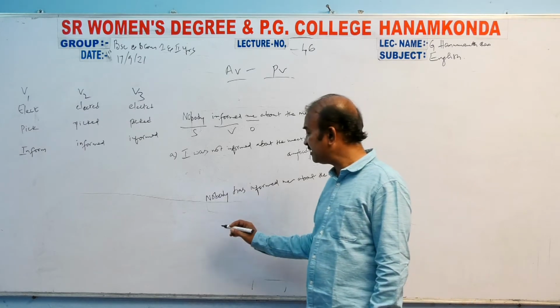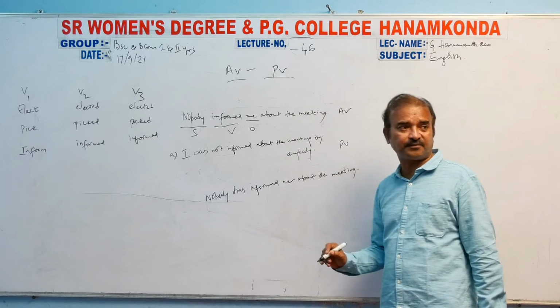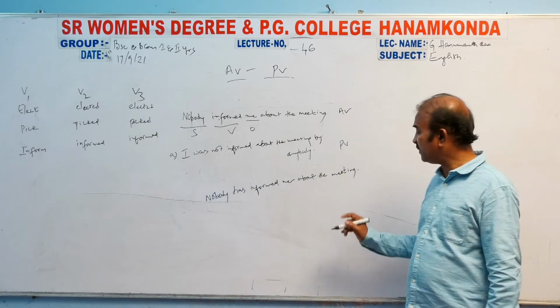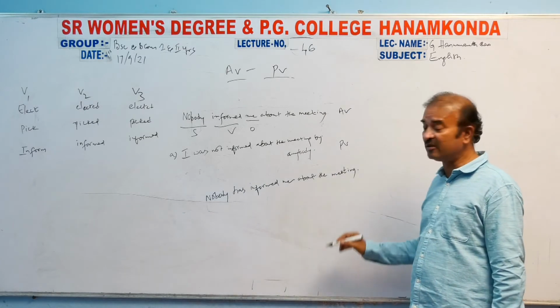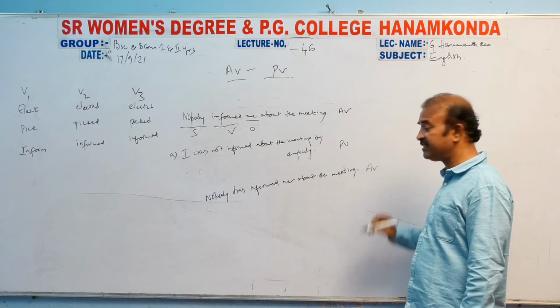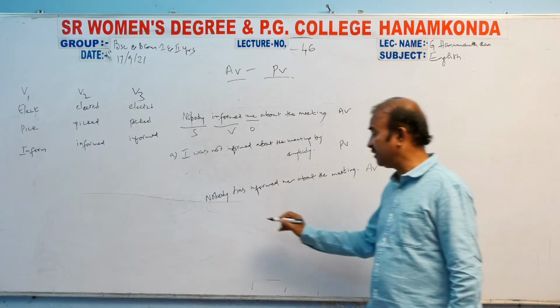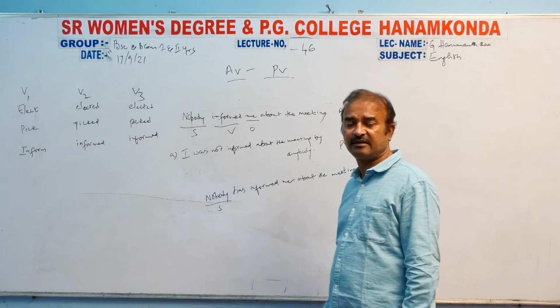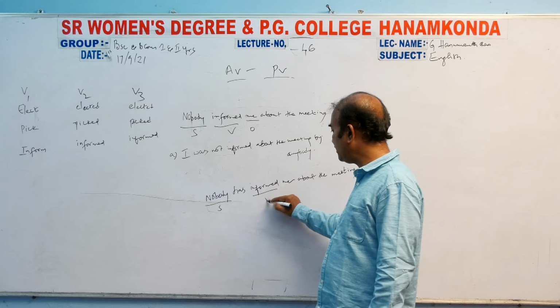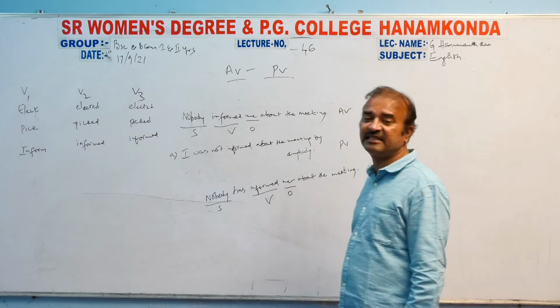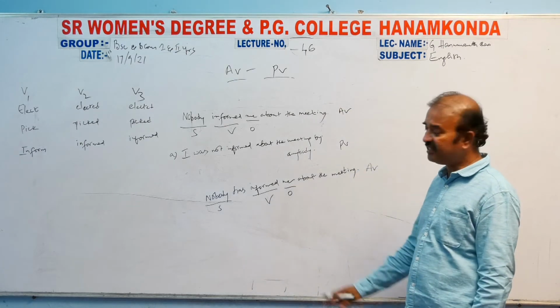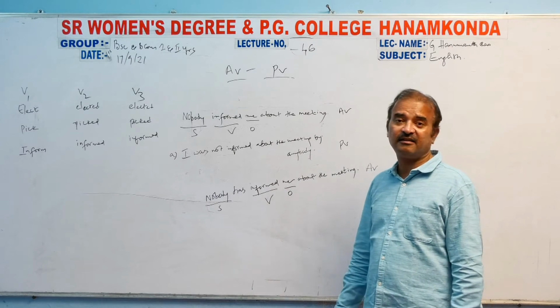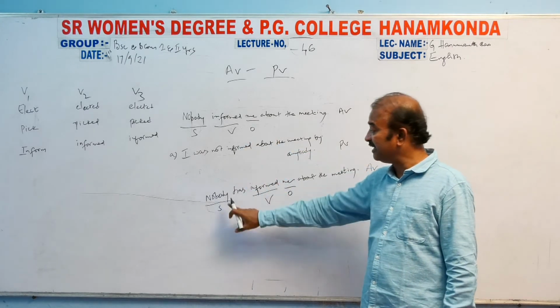So what happens here, girls? Well, let's take a look at this one. Check this. Nobody has informed me about the meeting. With this, I say that this is active voice. Now, nobody is the subject. Informed is the verb, me is the object, same thing. But the extra thing that is left over here is has. In the previous sentence, we did not have this has here.